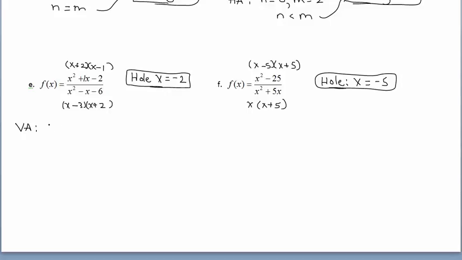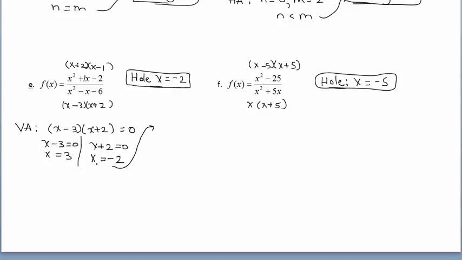All right, I'm going to set the denominator equal to 0, but because I've already done previous work with this and factored the denominator, I'm going to set the factored version of the denominator equal to 0. Before we quickly say that the vertical asymptotes occur at x equals negative 2 and x equals 3, look back, we had a hole at x equals negative 2.